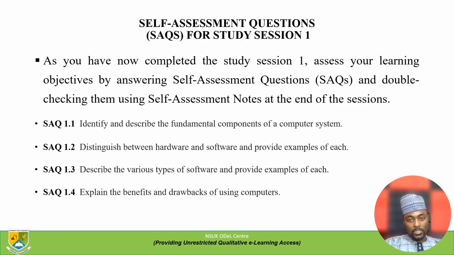As a way of assessing yourself in understanding this study session, we have some self-assessment questions to guide the users. Self-assessment question 1.1: identify and describe the fundamental components of a computer system.